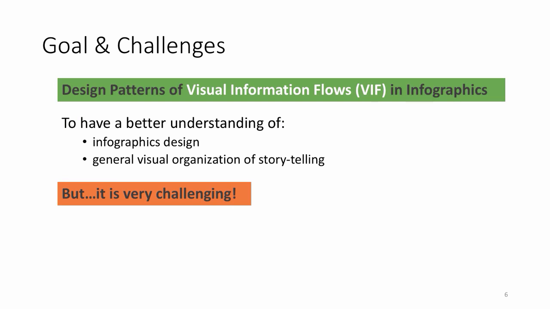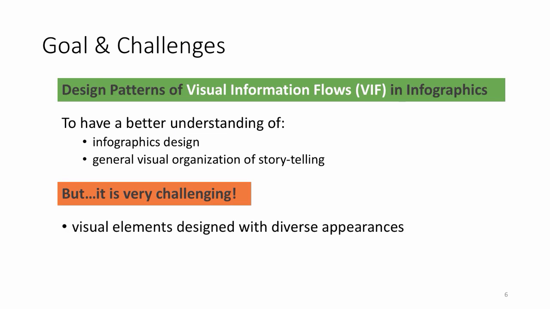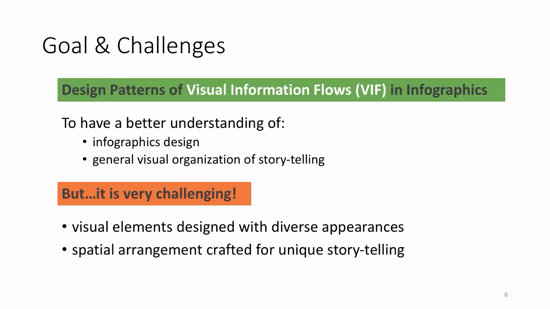For example, the visual elements can be designed with various appearances, even injected with the designer's personality and style. And also, the spatial arrangement of those elements can be very unique and only crafted for certain storytelling purposes.